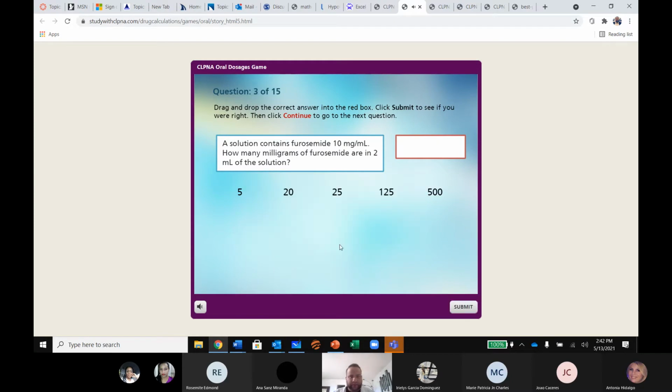Okay. Go ahead, everyone analyze. A solution contains furosemide, 10 milligrams per ml. How many milligrams of furosemide are in 2 ml of solution? 20?